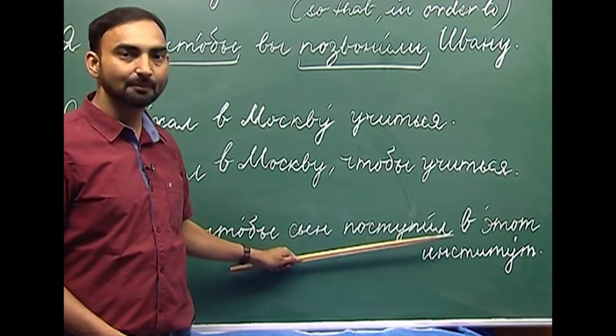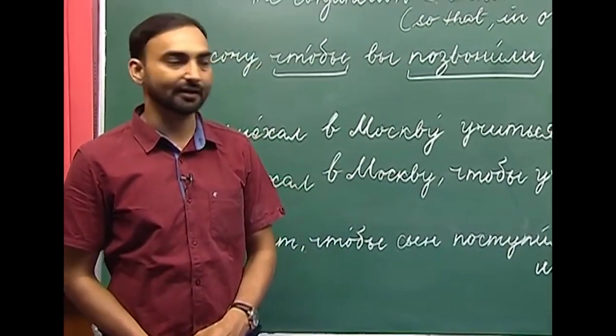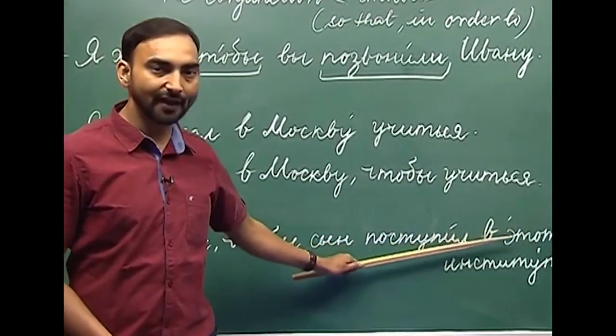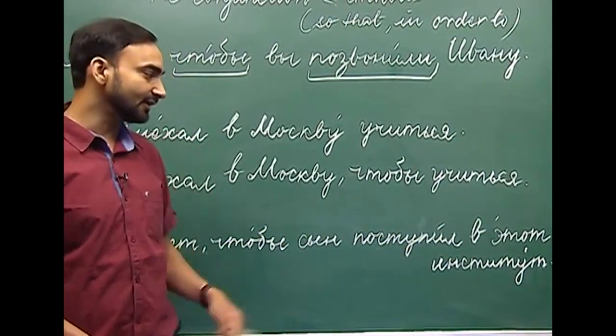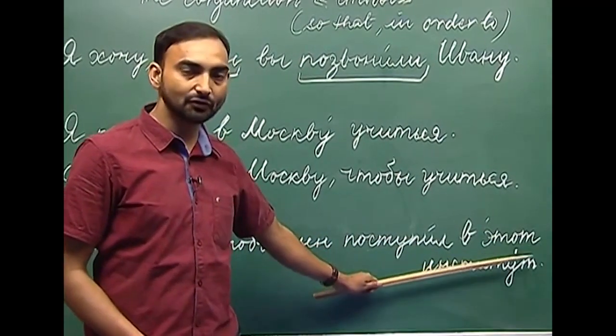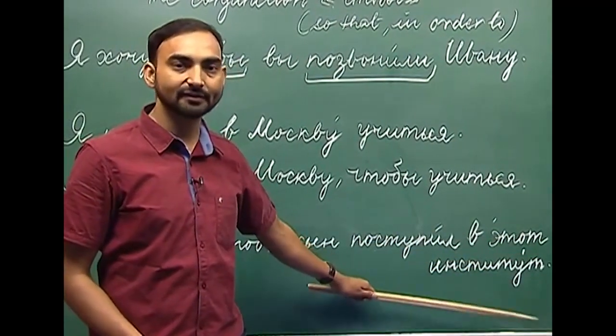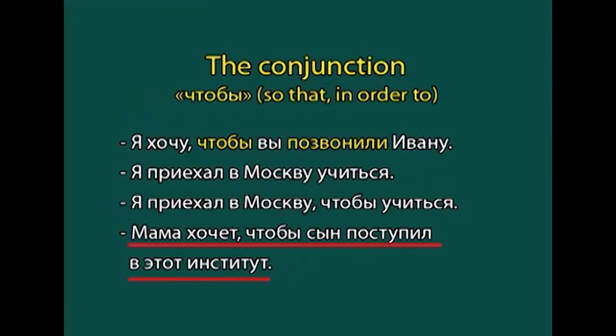Поступить, поступать is to take admission somewhere, and it takes в or на plus a noun in the accusative case. That is why we have used в этот институт. Институт in the accusative case remains институт.